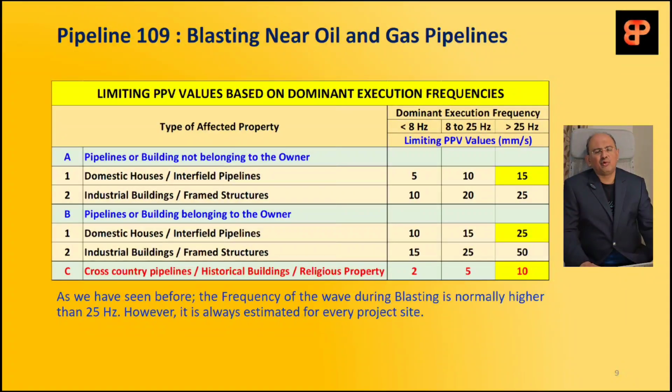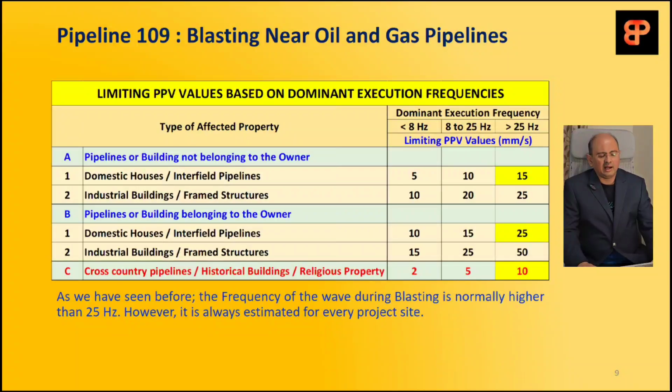And as I mentioned before, if the owner of the buildings or pipelines is developing some area nearby, which is his own area, then he can take slightly higher risk, and therefore section B of this table shows pipelines or buildings belonging to the owner, and you can see the PPV acceptable values are slightly higher.